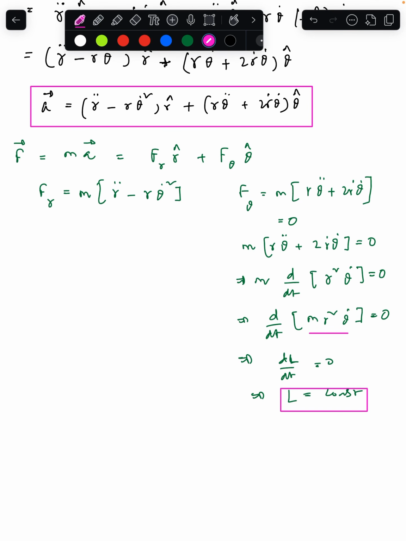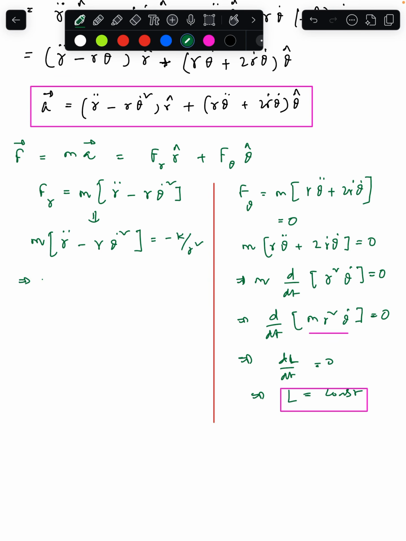So now let us concentrate completely on this particular term, that is the radial term, right? In this term, if you focus, m (r double dot minus r theta dot square), as per the question, this is given as minus k by r square. Now we will proceed with this one. Please check.